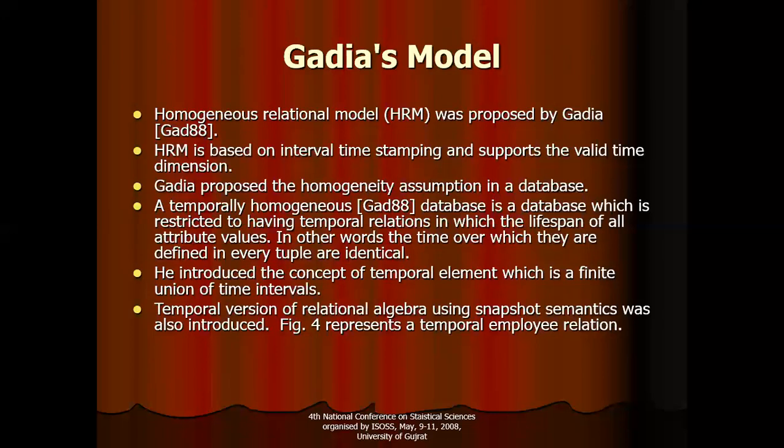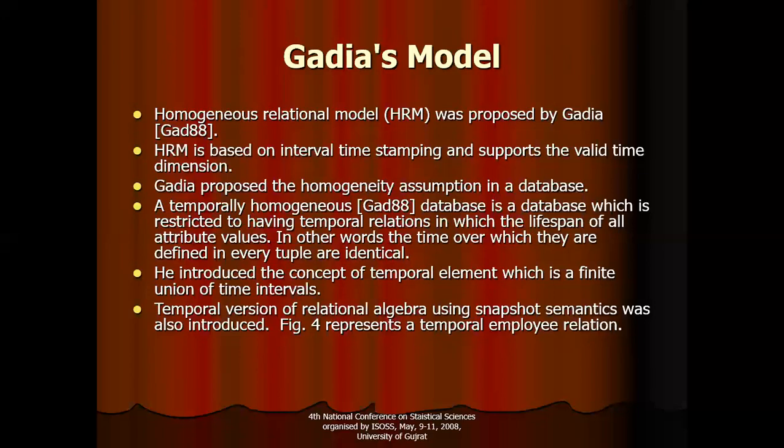Let's suppose a fact is true from 1 to 3, and the fact is also true from 3 to 5. If we combine these two intervals together, it will be from 1 to 5. So what you did is you took the union. Here I talked about the continuity of the intervals. You might have discrete intervals as well, not necessarily continuous.